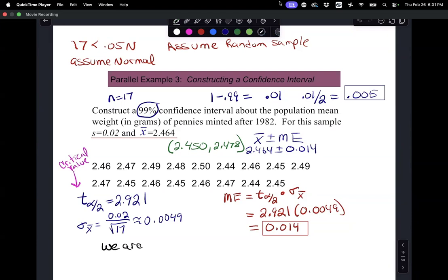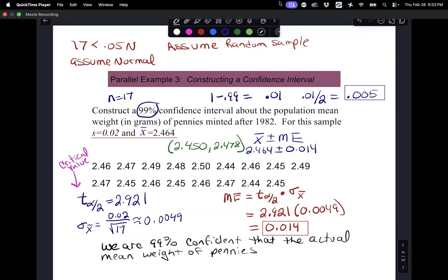We are 99% confident that the actual mean weight of pennies, and it should be pennies minted after 1982, but I'm not going to write all those words, is between 2.450 and 2.478 ounces.